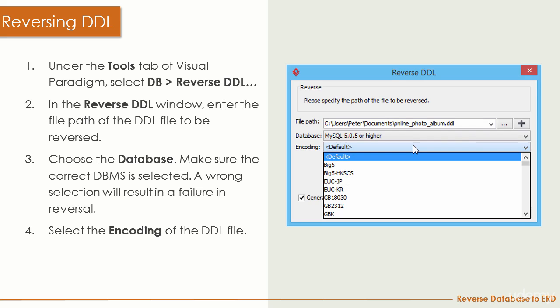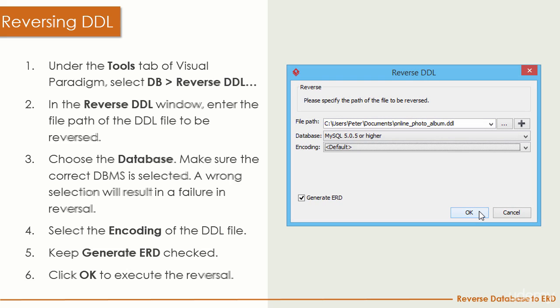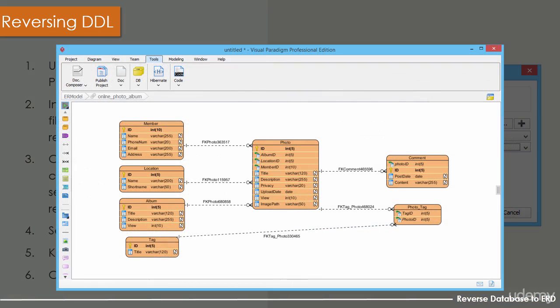Basically, it's UTF-8, but you may have a special setting. Then keep Generate ERD checked, and click OK, and we will reverse the entities into the ERD for you. So it's easy and straightforward.